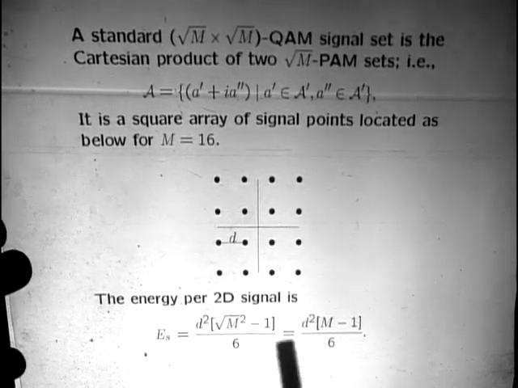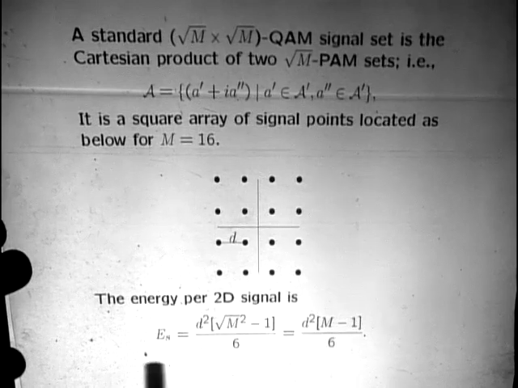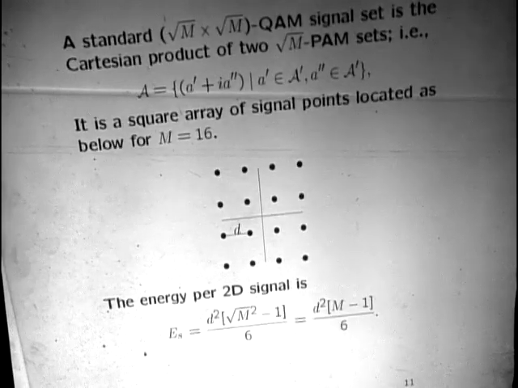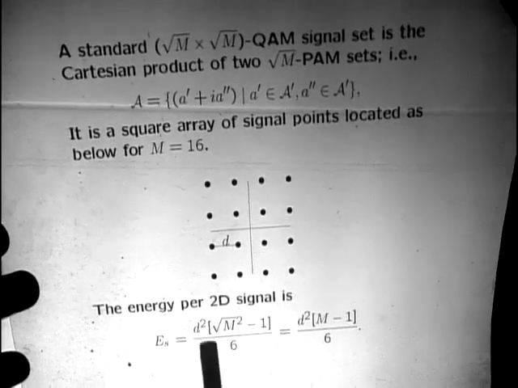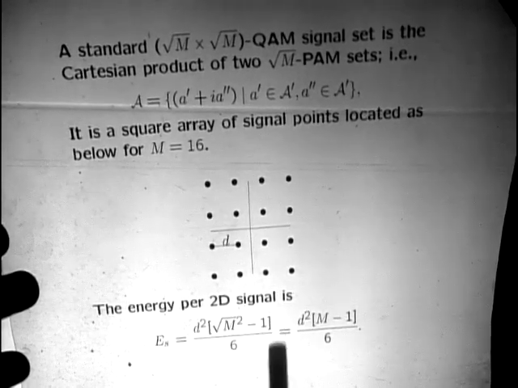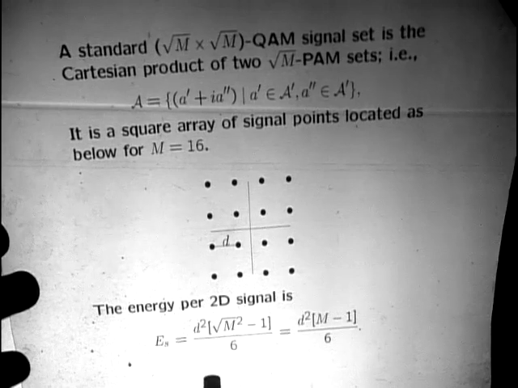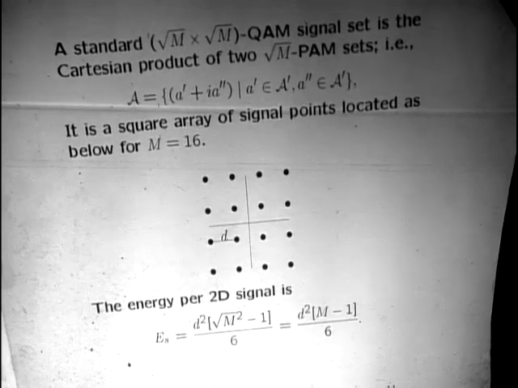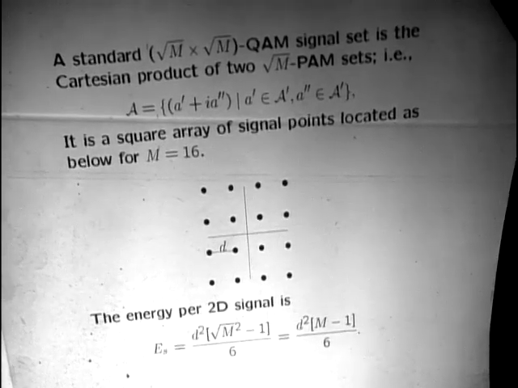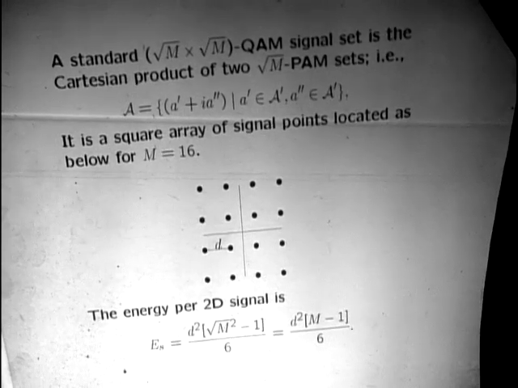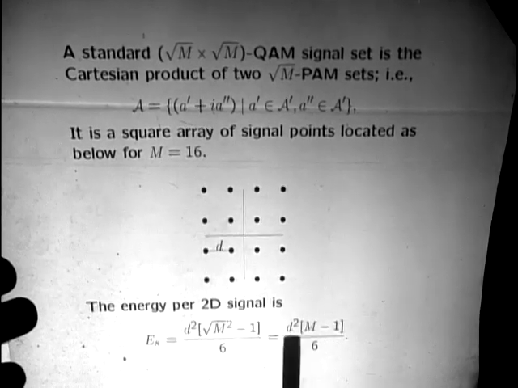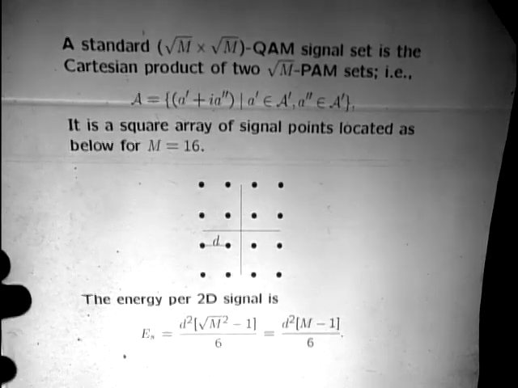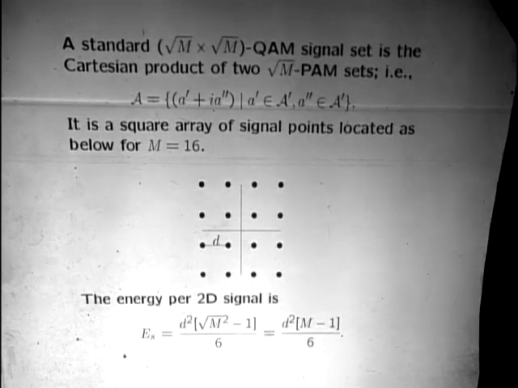For the PAM system, the energy in one dimension is d squared times m minus 1 divided by 12, where m is the square root of the number of points. But now we want the energy in both the real and imaginary parts, so we add together two of these things. So we wind up with d squared times (m minus 1) divided by 6. Big deal.